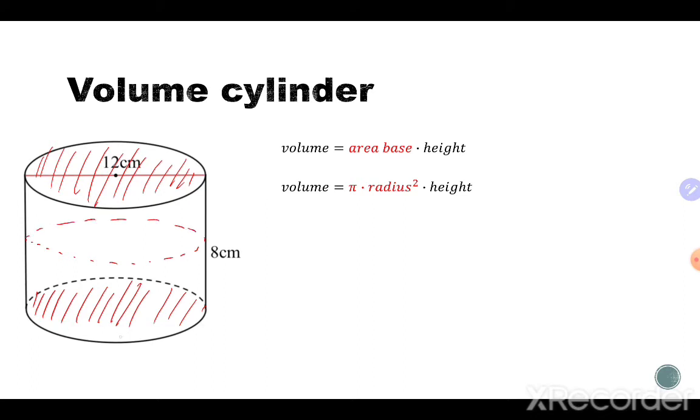So you can push the circle on the ground to the top, and then you will find exactly the same circle. So we can calculate the volume of the cylinder as the area of the base times the height.